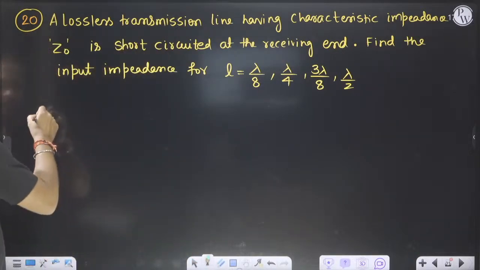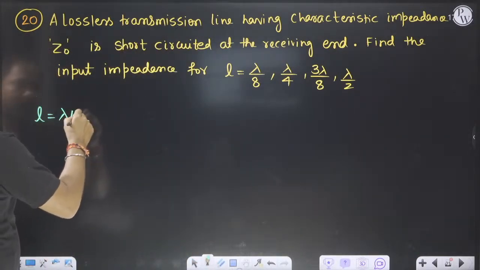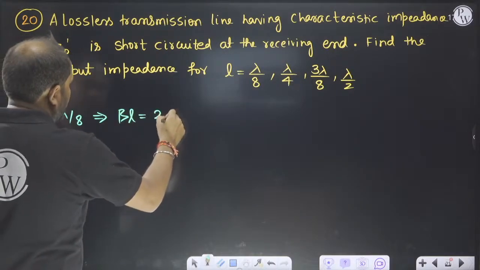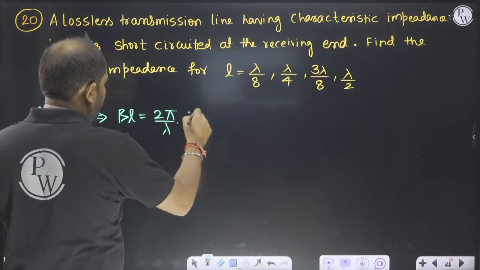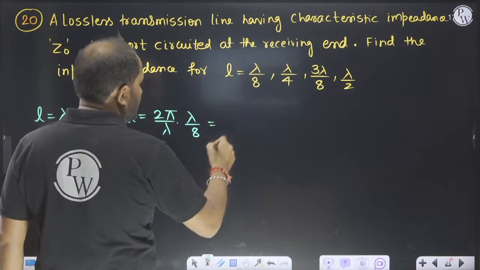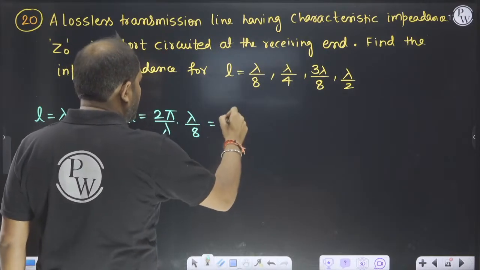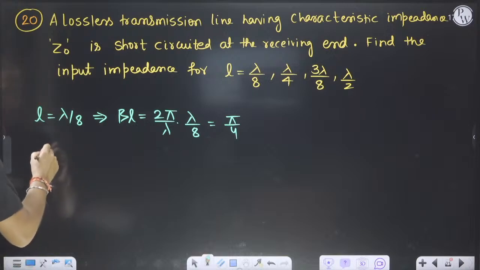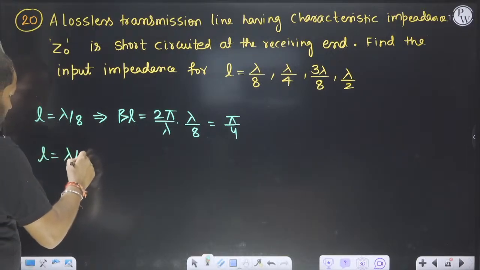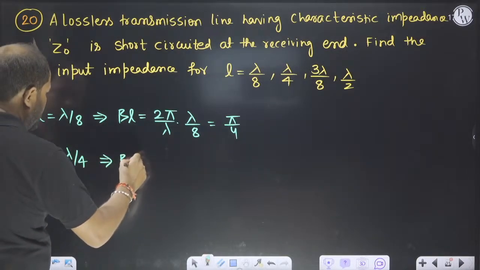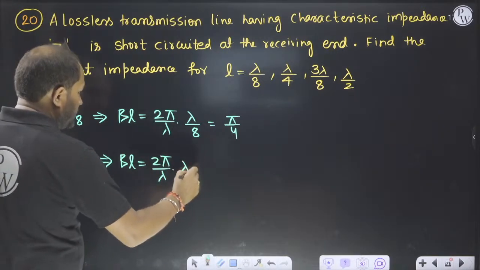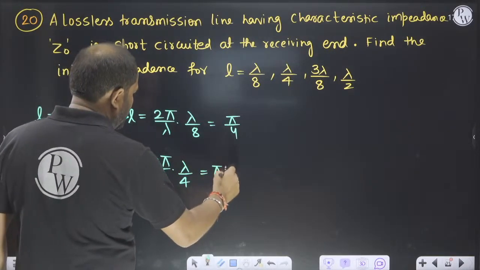Here length is lambda by 8. Lambda by 8 means beta L is equal to 2 pi by lambda into lambda by 8. It will be pi by 4. And length is lambda by 4, so beta L will be equal to 2 pi by lambda into lambda by 4. That means pi by 2.